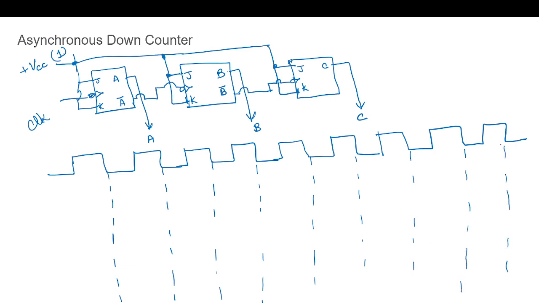The first waveform is our clock. Next, we will plot the A. A will toggle every negative edge. So A will be same.